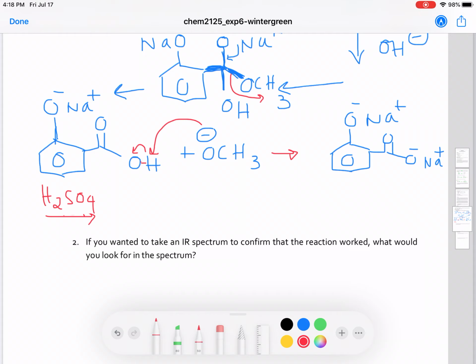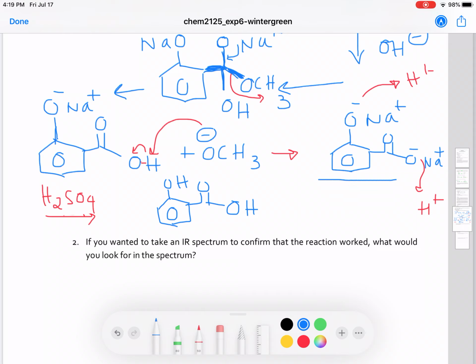Both of these anions grab hydrogens, H plus ions, from the hydronium ions and form salicylic acid, which is this, OH, OH. And this is the ester hydrolysis in the basic medium. So the second step happens when you add sulfuric acid, but it will stop here with the sodium hydroxide as a sodium salt.